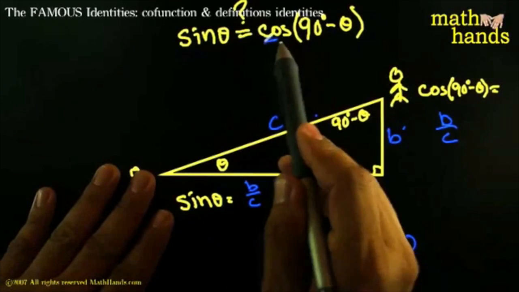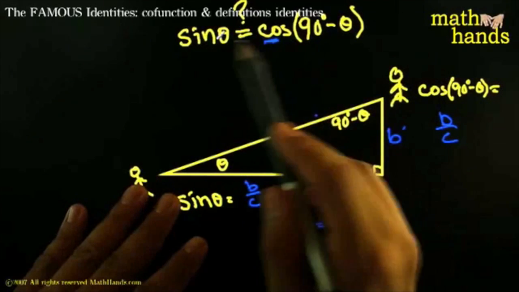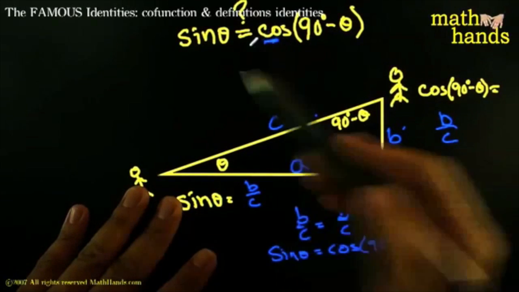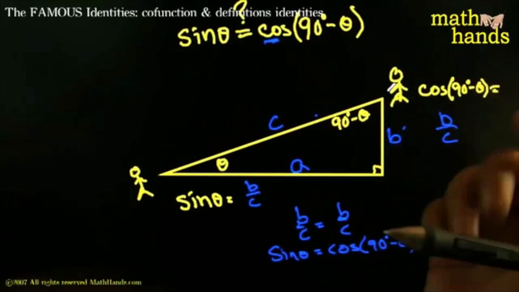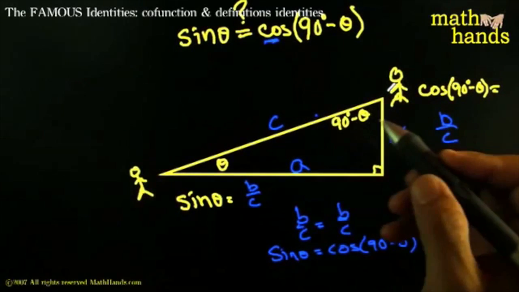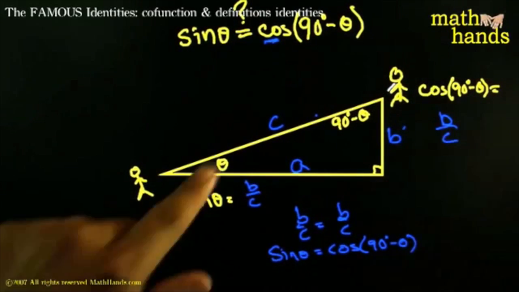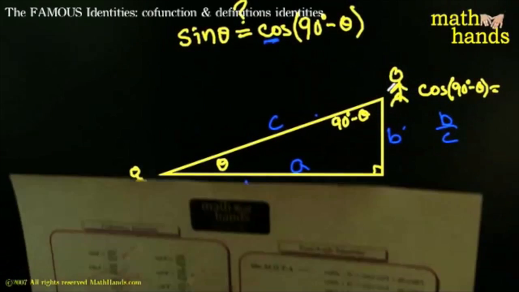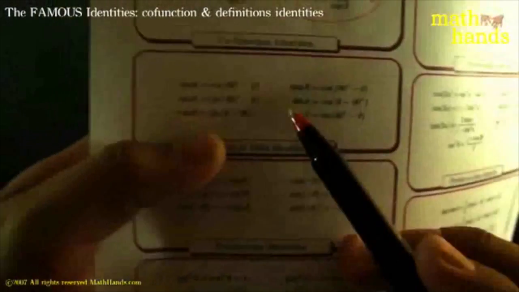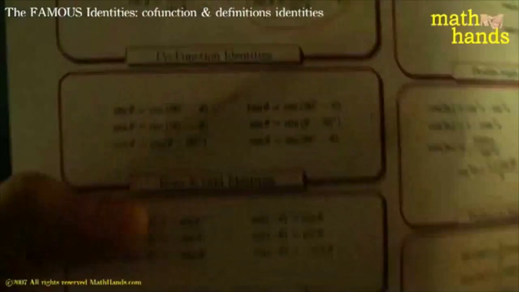So the co in cosine means it's a complementary function. You're just reading the ratio from the complementary angle corner. It works for all the other ones as well. And so once you do something like this and you say, hey, I understand that now, you could take your little cofunction identity and put a little check mark on that. Say, I own that.